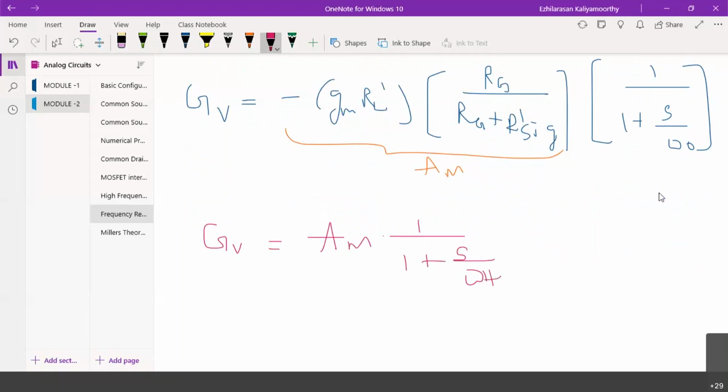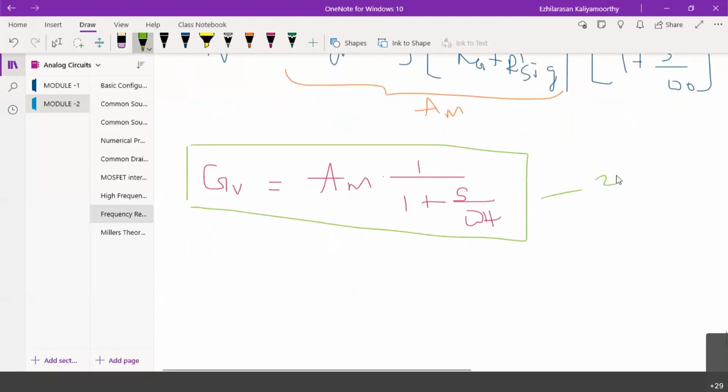Here omega naught is nothing but omega h actually. This is the expression 20.